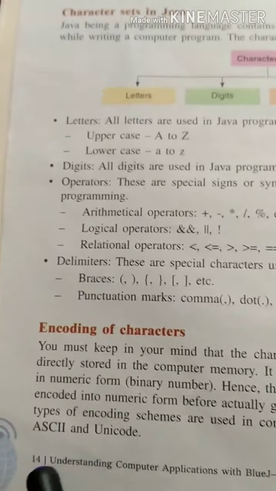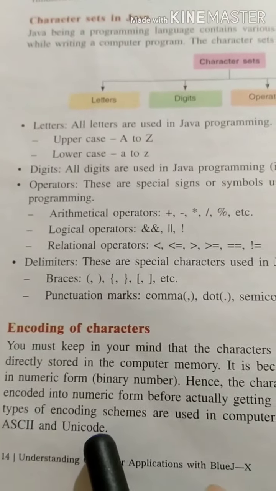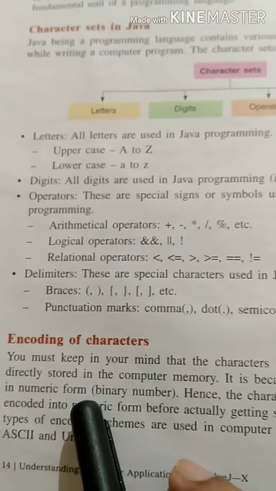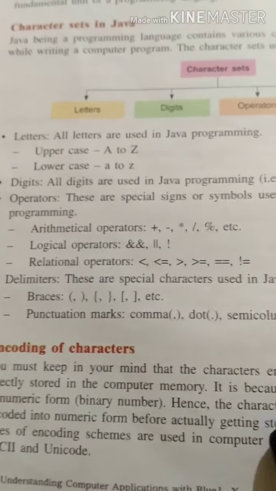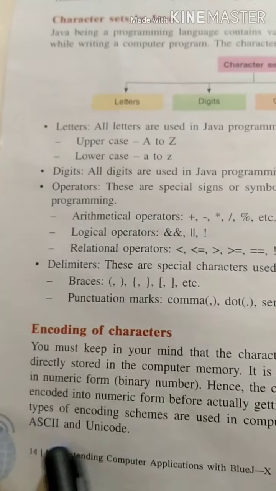Which one is popular nowadays? ASCII and Unicode. But we use Unicode rarely; mostly we use the American Standard Code. By the name it is clear this coding system was developed by America.